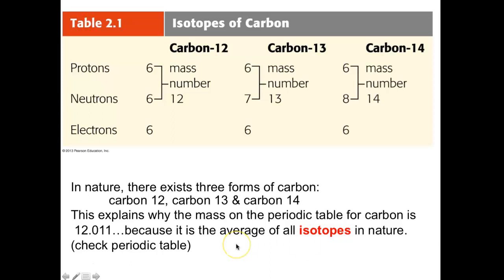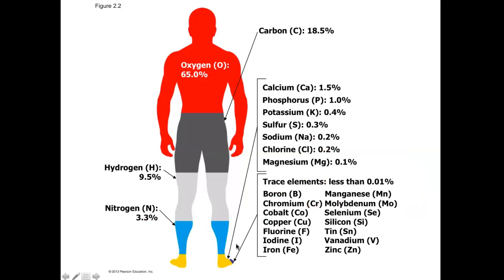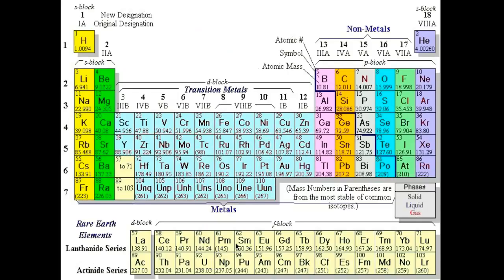So now if we go back to the periodic table, sorry, this is a little bit out of order. This is why, let's take carbon, right? Carbon, the atomic number is 6. The mass is 12.011. So if we were just doing the simple math and just did 6 protons, 6 neutrons, then our atomic mass would be 12, and that would be it.